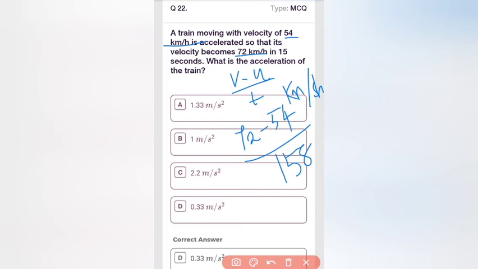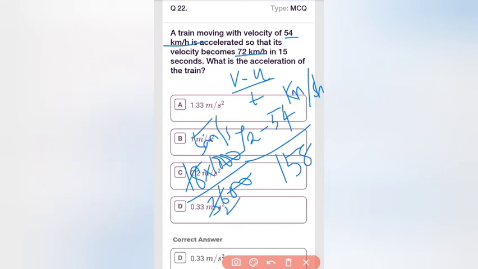So it's going to be 18 divided by, so 18 we need to convert it into meter per second. So therefore 18 into 1000 divided by 3600. If you cancel this, you get 5 meter per second.